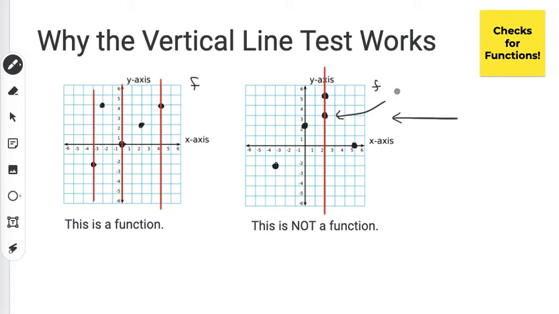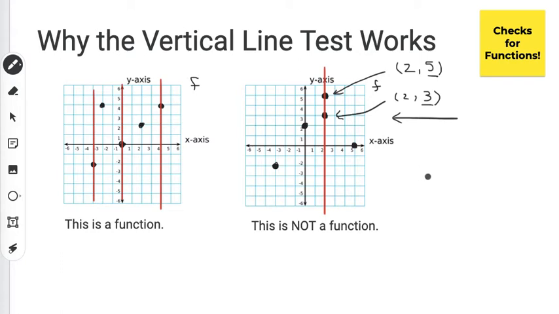This point is (2, 3), but I also go through this point up here. This point is (2, 5). So what that means is when I put in a 2, I get 2 different outputs. I get a 3 and I get a 5. For the same input, I'm getting 2 outputs.